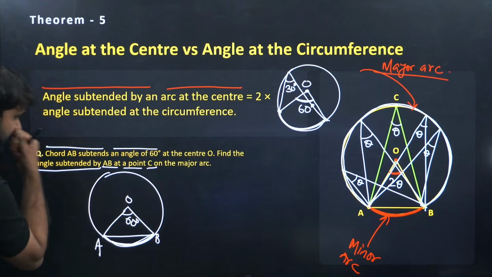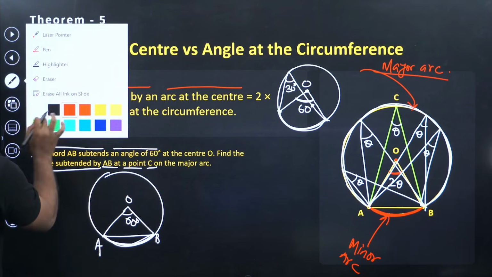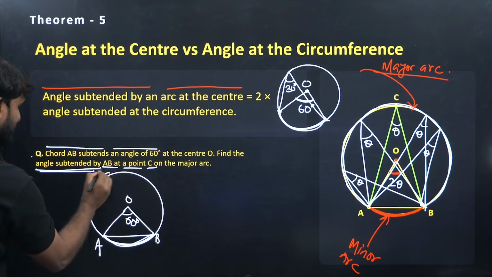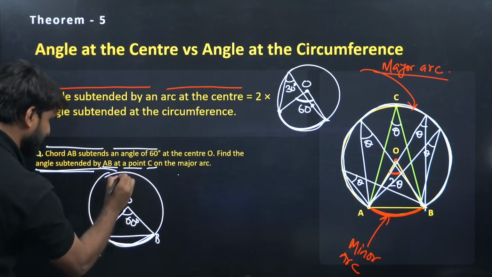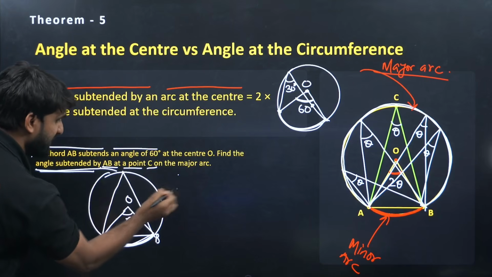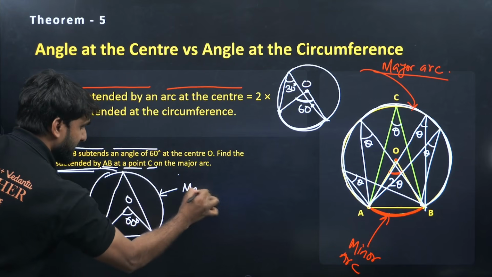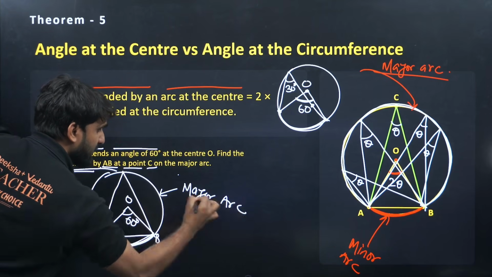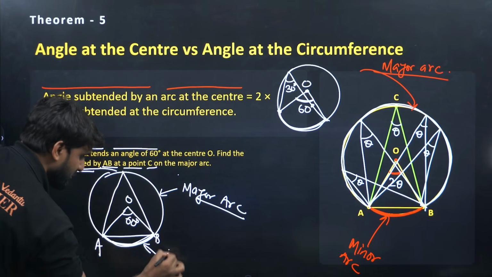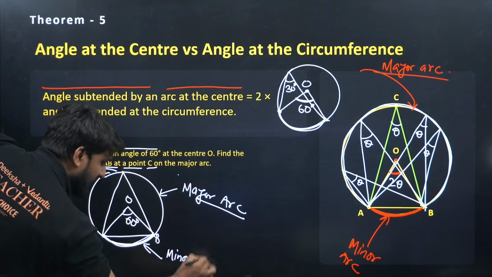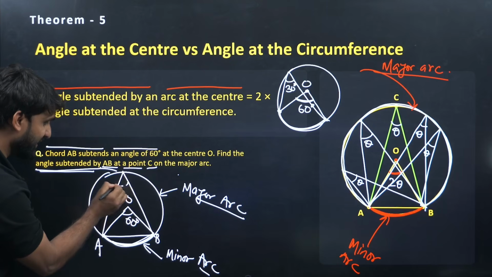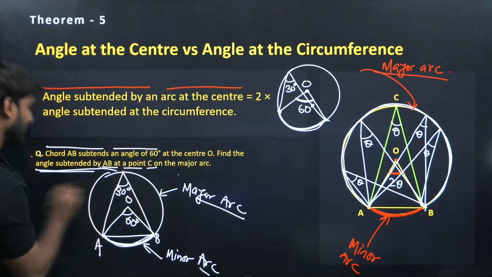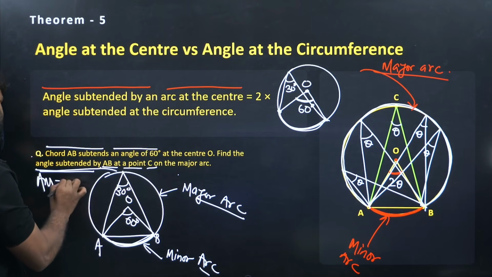So if this is 60 degrees and I am taking point C here on the major arc, and here we have the minor arc, according to the theorem, if this is 60 degrees, it has to be 30 degrees. Answer is 30 degrees.